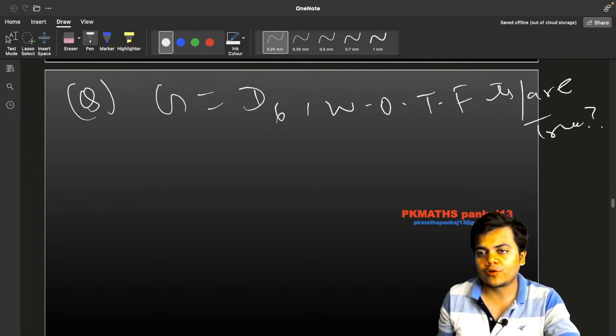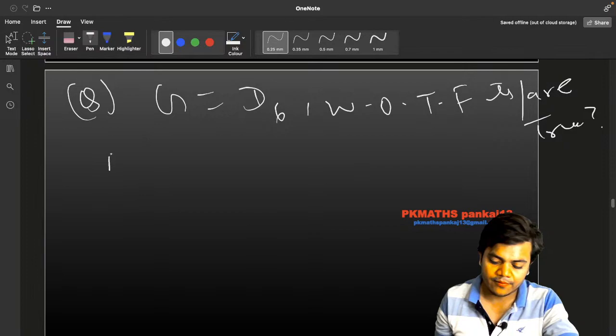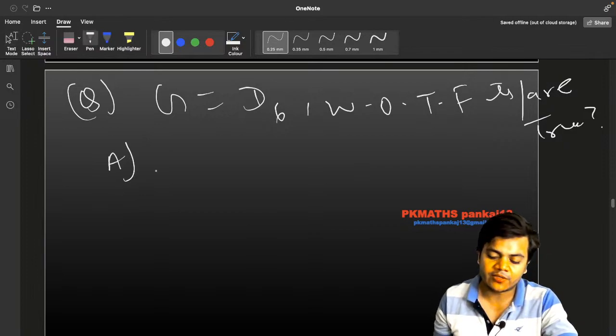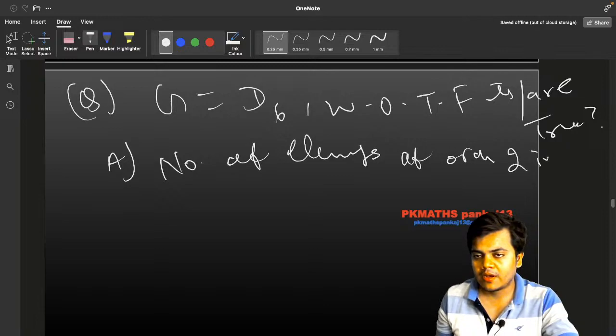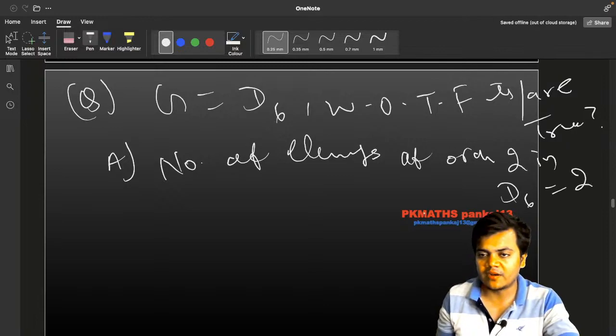One or more than one option may be true, so you have to be a bit careful. Option A: number of elements of order 2 in D6 is equal to 7.